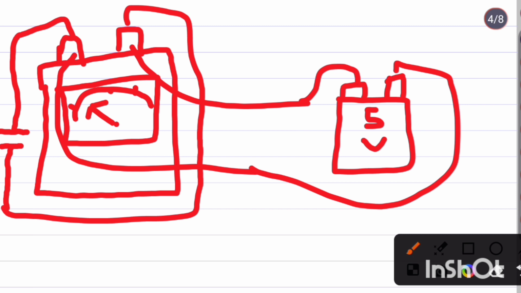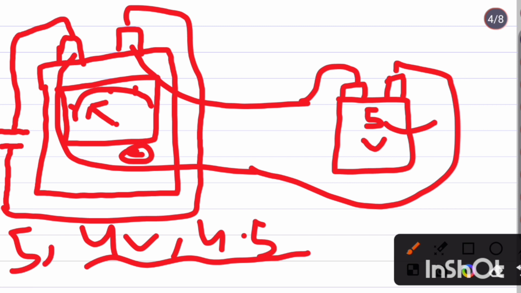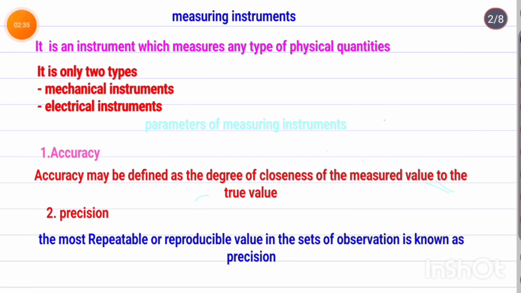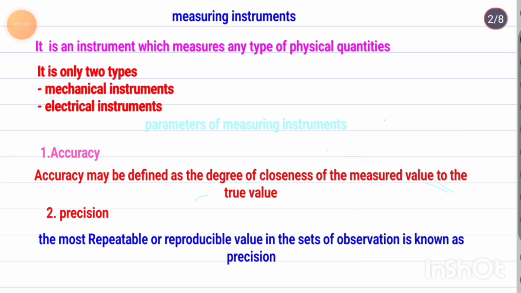When we measure through this measuring instrument, if the output comes out as 4 volt or 4.5 volt, that is the measured value. So accuracy means how close the measured value is to the true value.